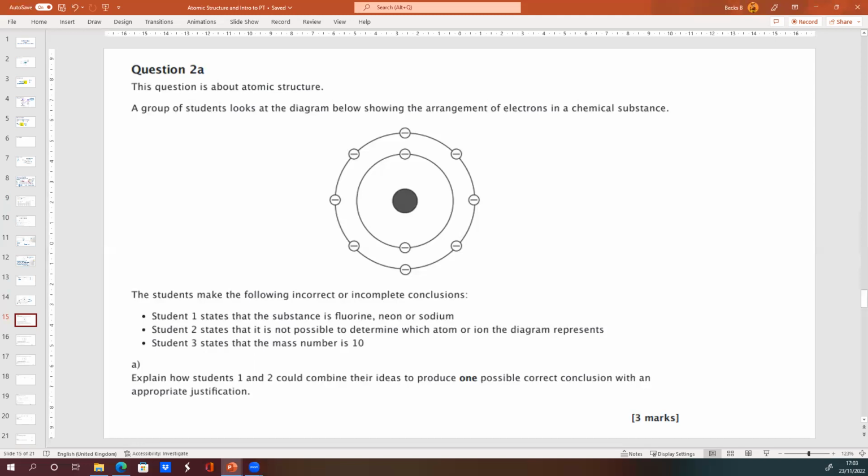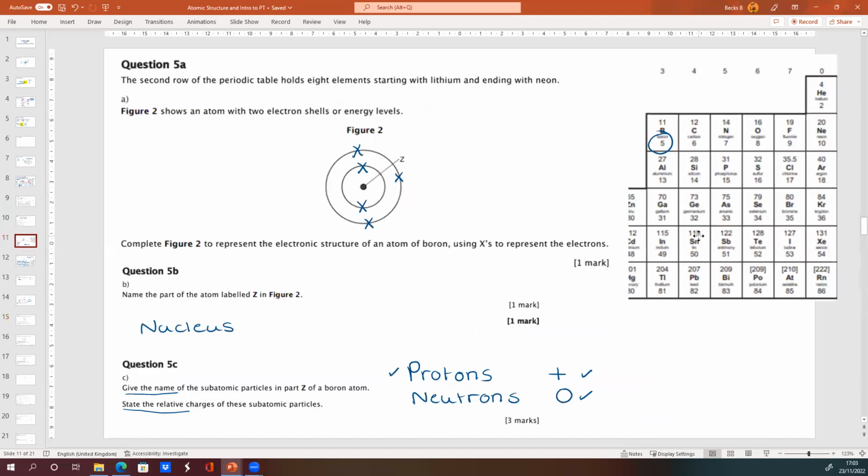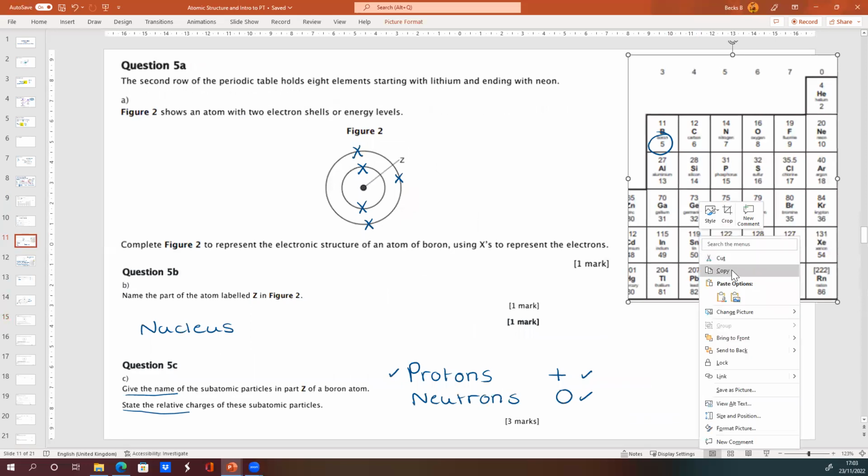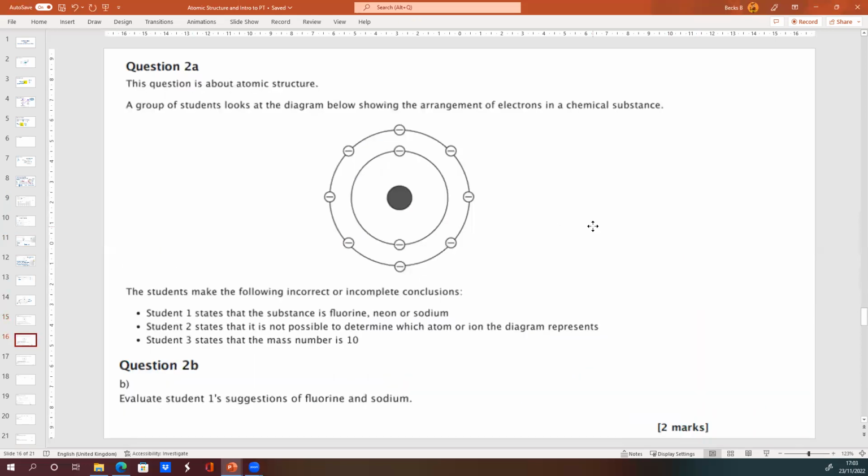What have we got? Fluorine, neon, or sodium. To grab you that little piece of periodic table again. Might just pop that in. That might be useful.